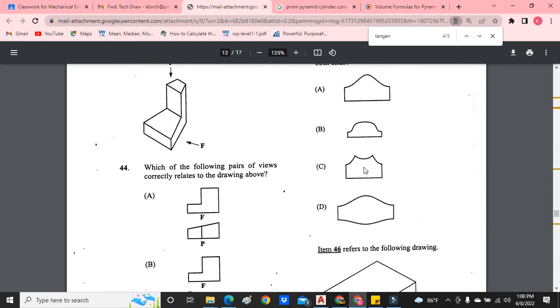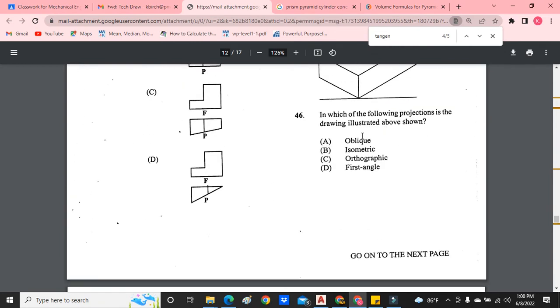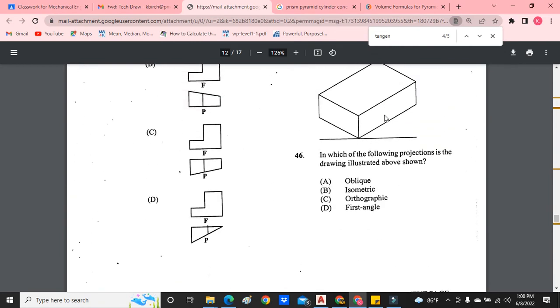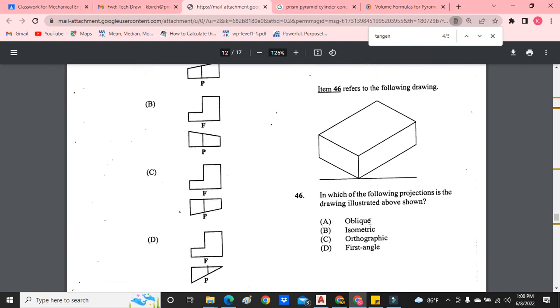Here's another development question. Here's a question that asks you what type of drawing is here shown. A very easy question. What type of drawing is this? This is oblique.